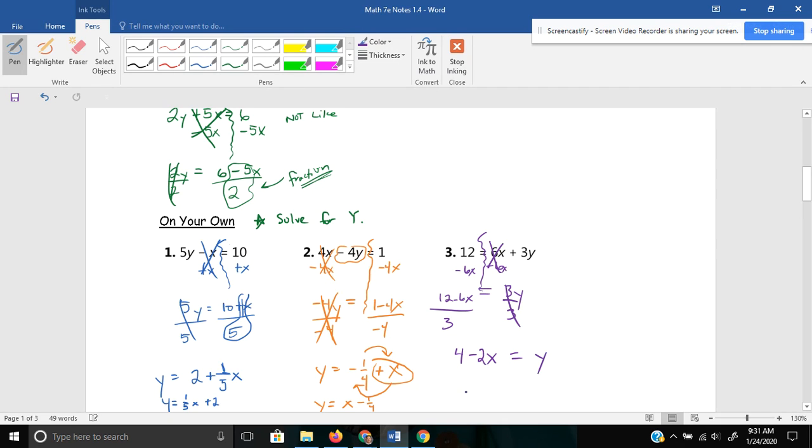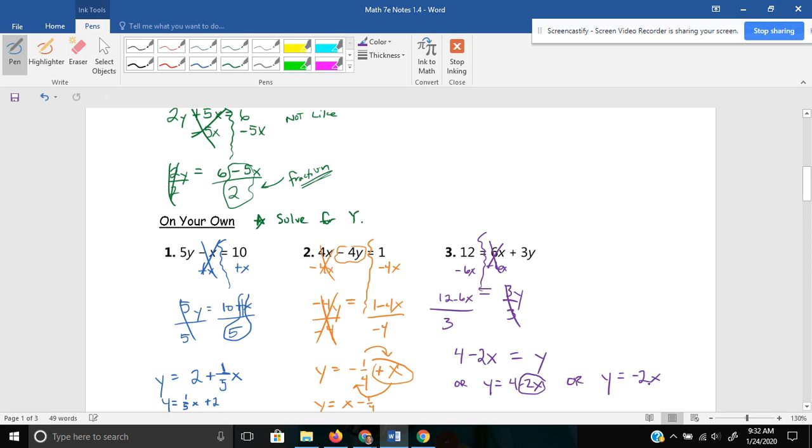Equals y. That looks a little bit confusing, so I'm going to write my y first. So y equals, and then I got 4 minus 2x. Or remember, you could change the order of these two if you wanted to. You could say that's the same as y equals and keep the signs in front of the terms.